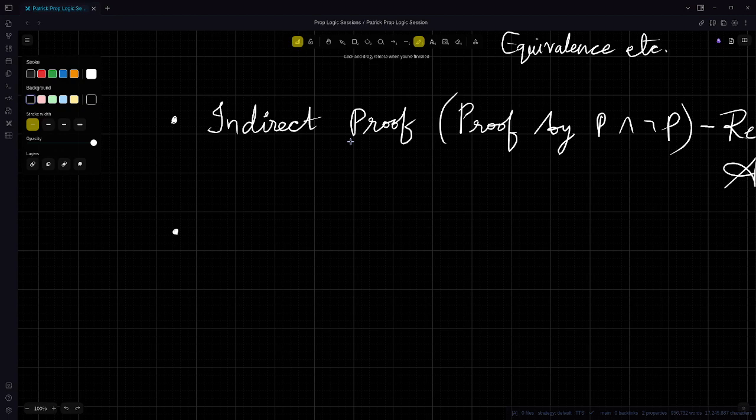There are reductio ad absurdums in geometry. Everywhere you'll find reductio ad absurdum being used a lot, the indirect proof, whatever it's called. And the other one is conditional proof, which we'll discuss.